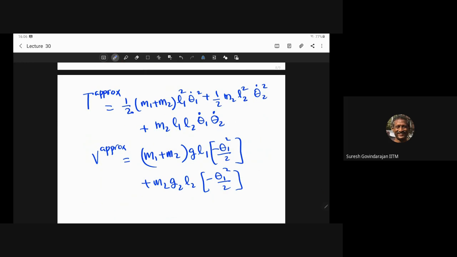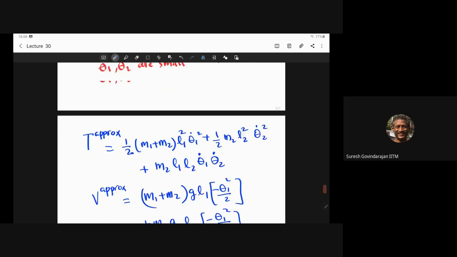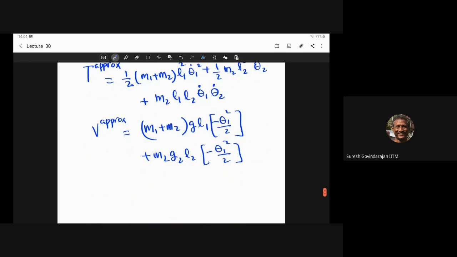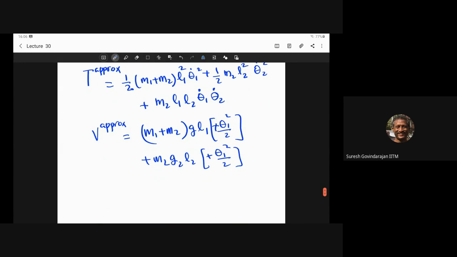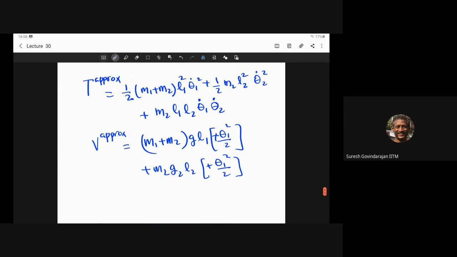Is this fine? Again, I should be careful about signs, so it should be plus. It's T minus V, right? So this is okay. We are set now, right? We just need to work out what the matrices are. Is this clear?